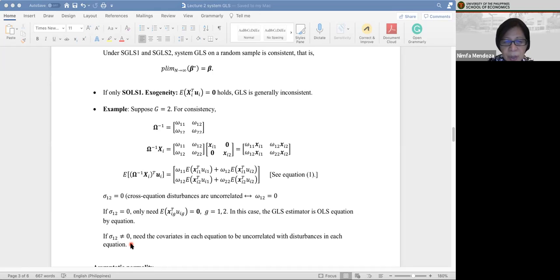Exogenous shocks to the demand for, let's say, food might also be affecting the demand for transportation. So it's possible that the disturbances across equations are correlated. Then we would need the covariates in each equation to be uncorrelated with disturbances in each equation.